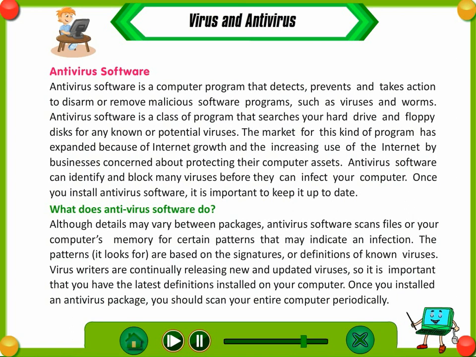The patterns it looks for are based on the signatures or definitions of known viruses. Virus writers are continually releasing new and updated viruses, so it is important that you have the latest definitions installed on your computer. Once you install an antivirus package, you should scan your entire computer periodically.